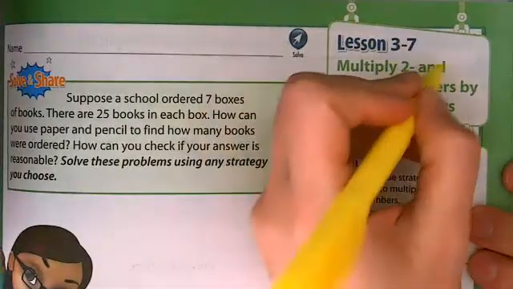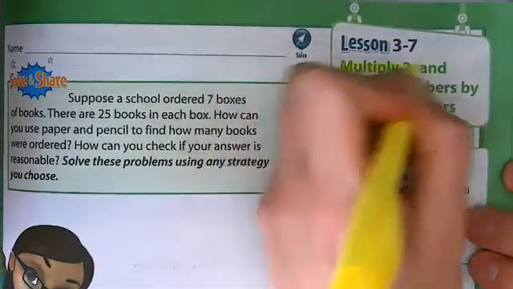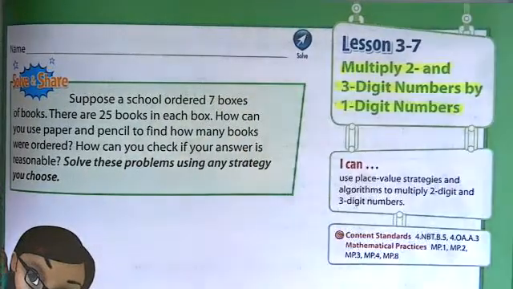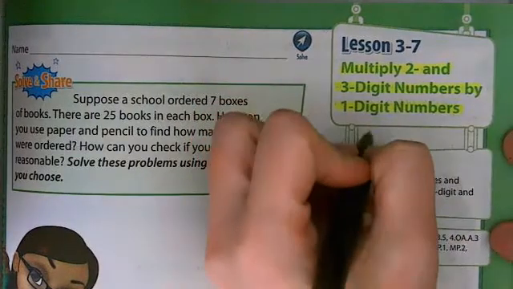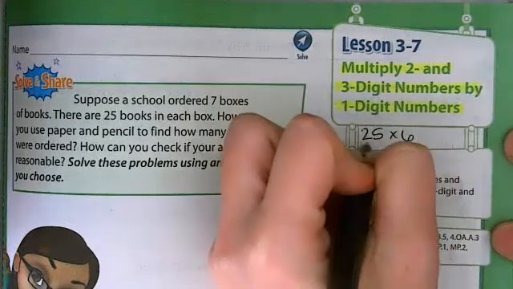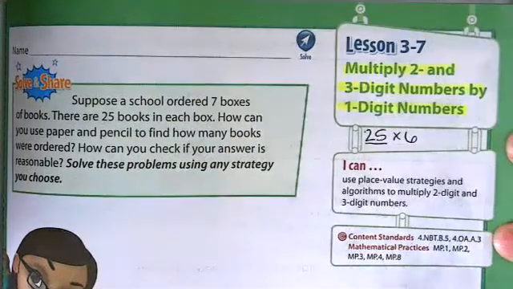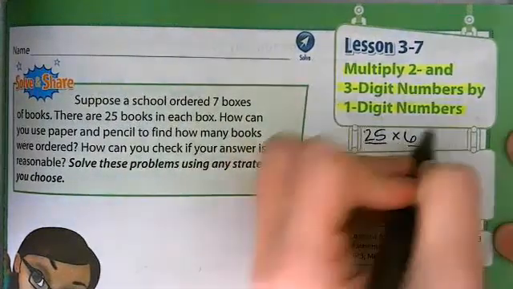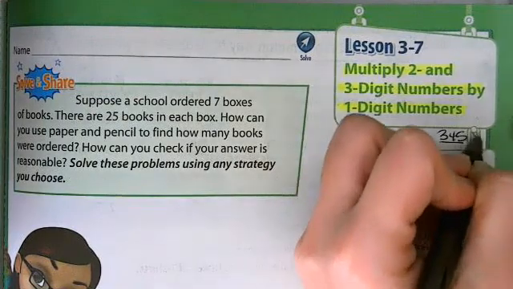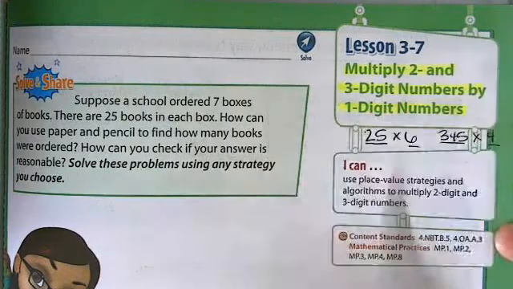We are multiplying 2 and 3-digit numbers by a 1-digit number. And what does that mean? What that means is we'll take a number like, let's say 25 times 6, because that's a 2-digit number times a 1-digit number, or we could say 345, that's 3 digits, and multiplying that by a 1-digit number.